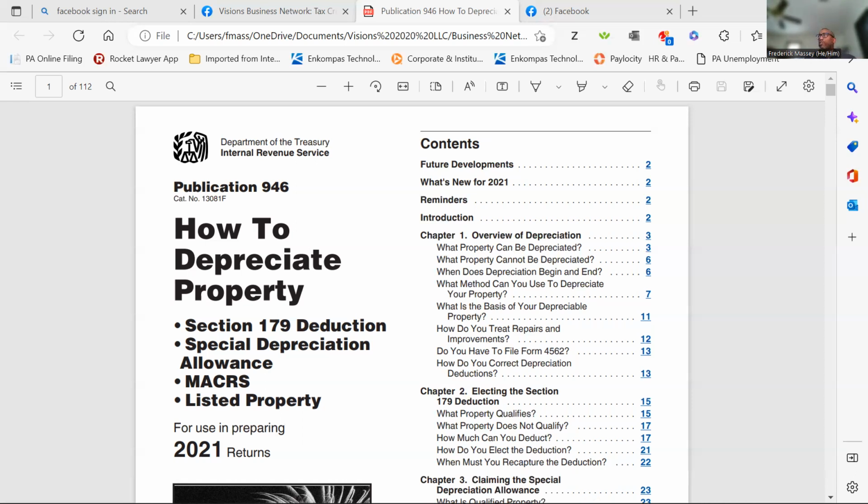So once again, let's start first in understanding, and we're going to be coming from IRS Publication 946. This is a publication you can get on the IRS website, irs.gov. You go through the search for Publication 946, or How to Depreciate Property, and it'll come up. This is a good handy guide to know what you can do as a business owner in deducting depreciation.